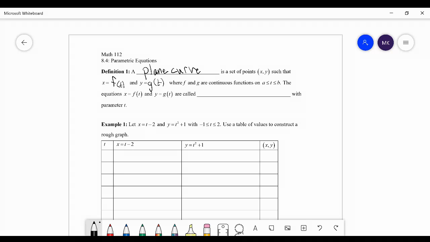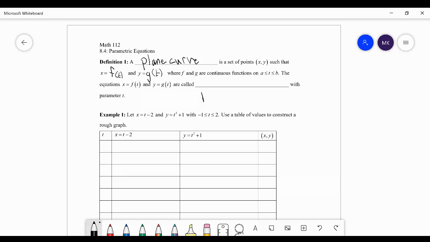We say that the equations x equals f of t and y equals g of t are called parametric equations with the parameter t.